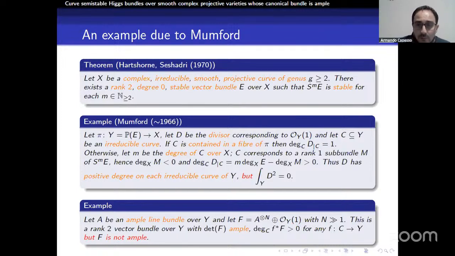So this example proves that our Barton-Kleiman type criterion works if we consider the ampleness of the determinant line bundle. Otherwise, I repeat, we can find bundles which are Higgs nef, and the underlying vector bundle is not ample, and this is not good for our aims. Okay?